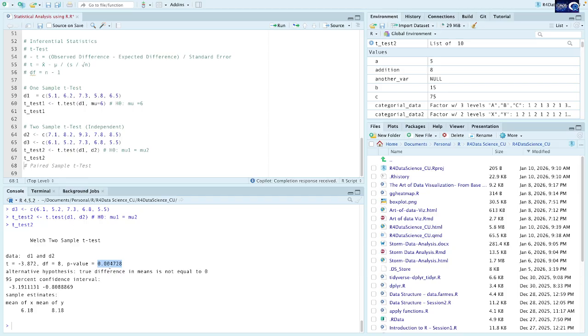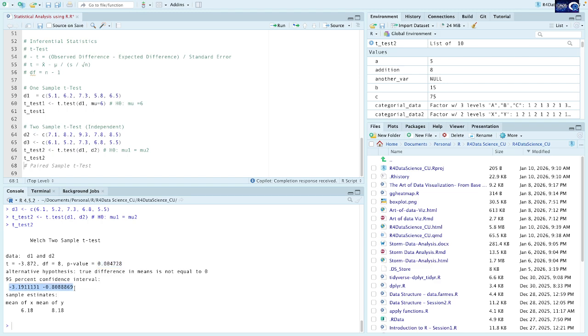If the p-value is greater than 0.05, we fail to reject the null hypothesis, meaning the difference is not due to chance. Now we have the confidence interval here.